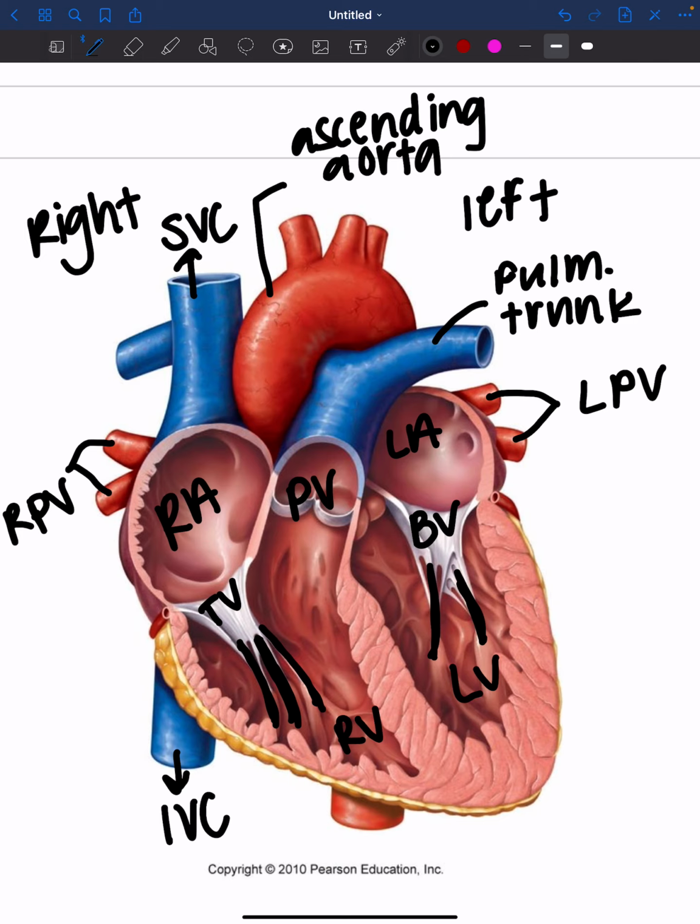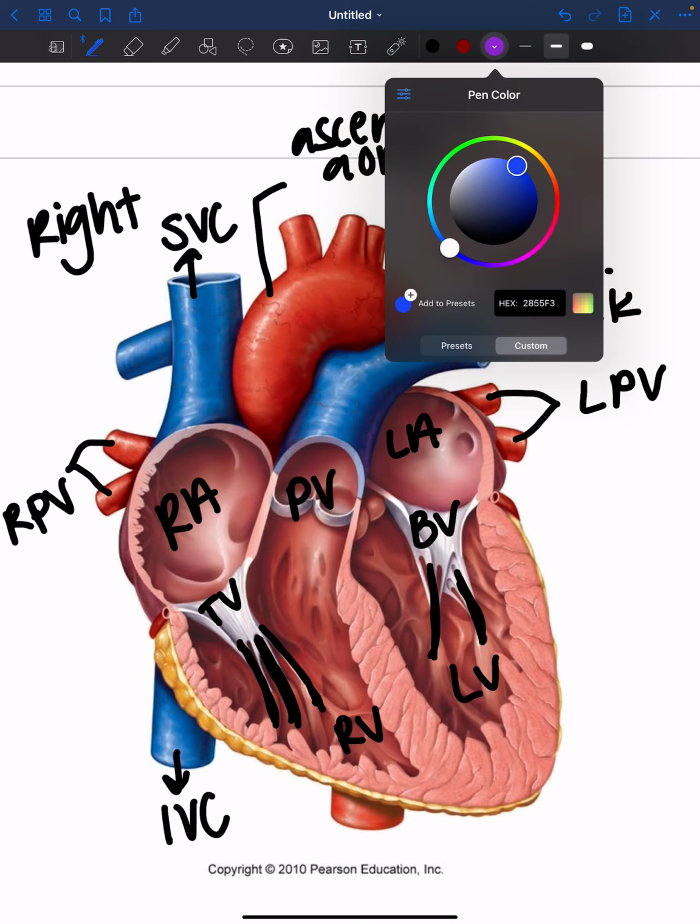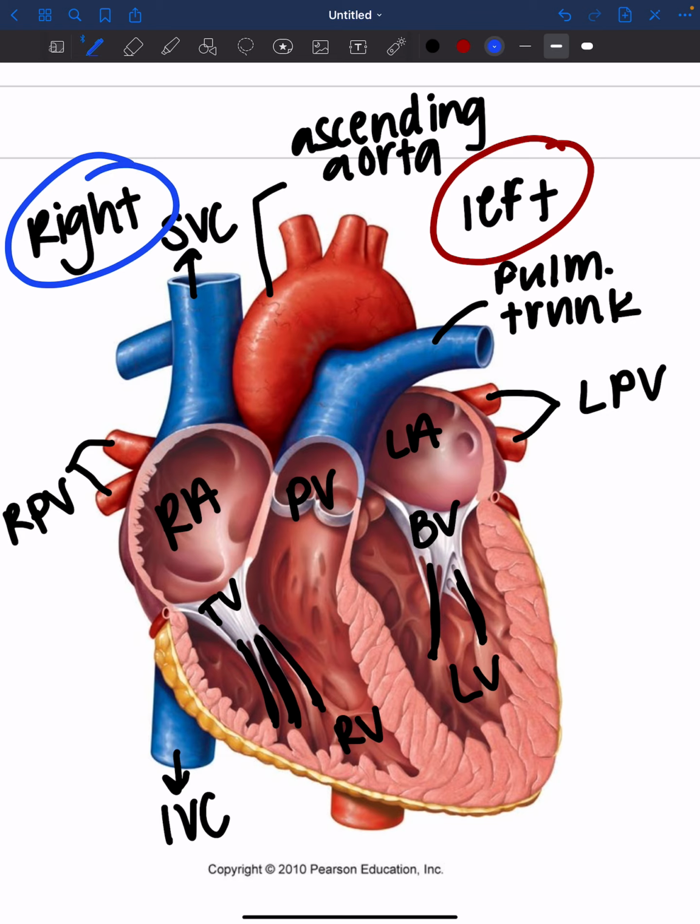All right. So the next thing I'm going to do is talk about the right side, and I'm going to talk about the left side. So I'm actually going to make this blue. Okay. So I'll explain later. Actually, right now.